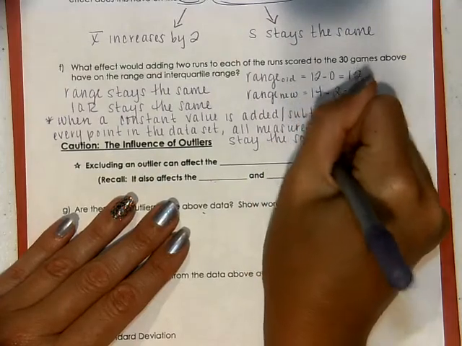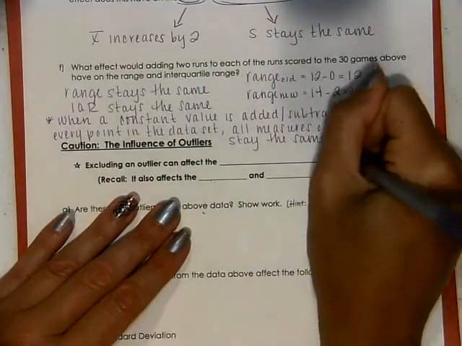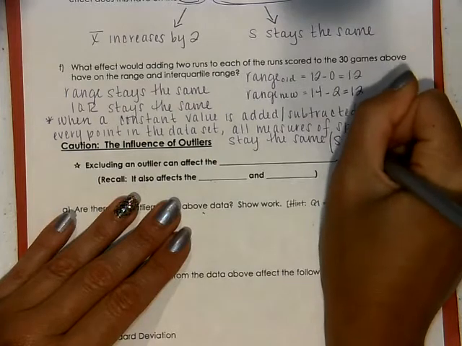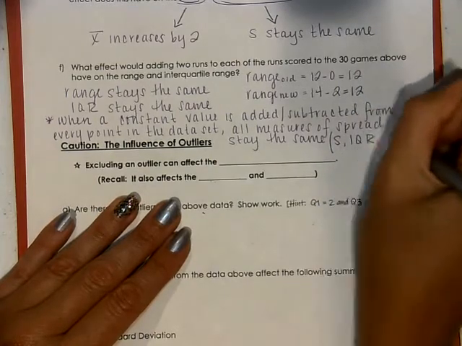Now, what are our measures of spread? What statistics do we know that are measures of spread? Standard deviation, IQR, and range.